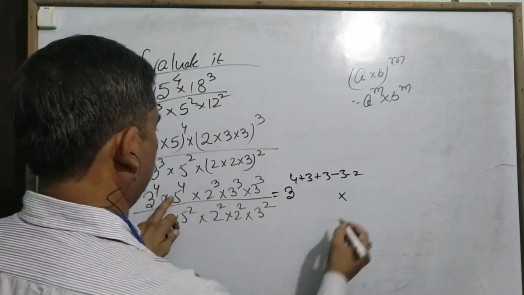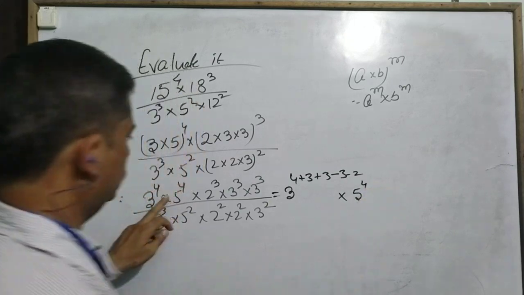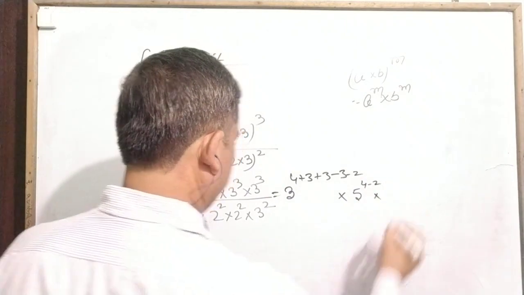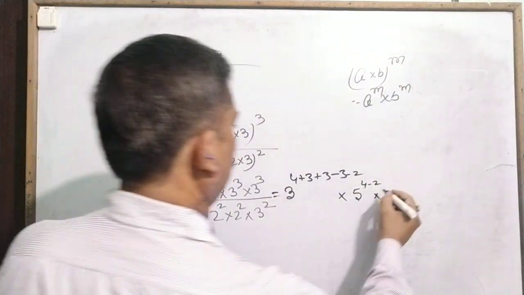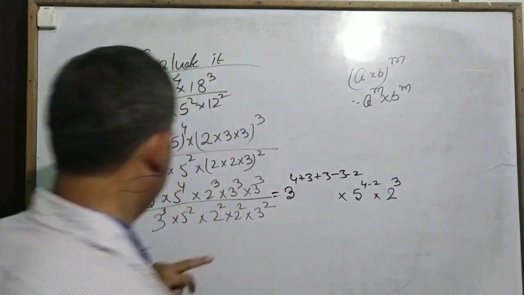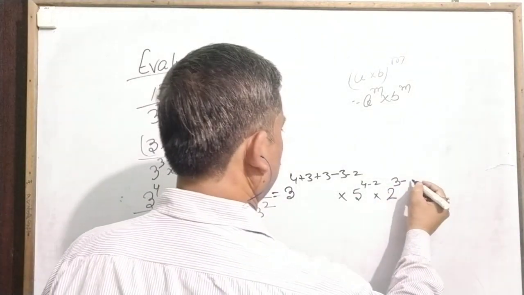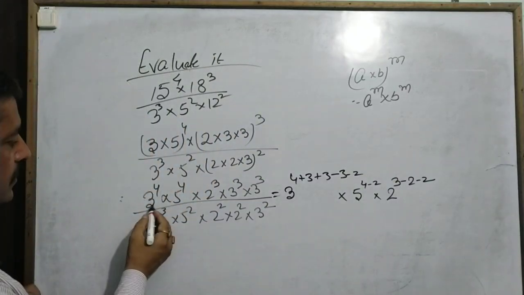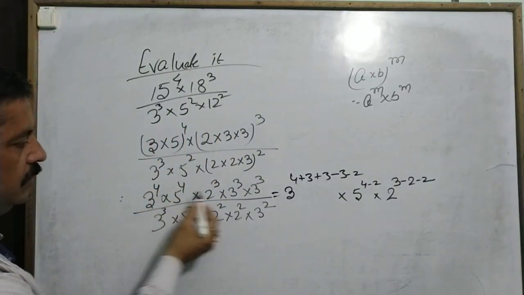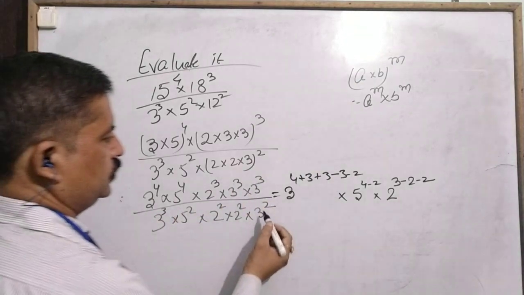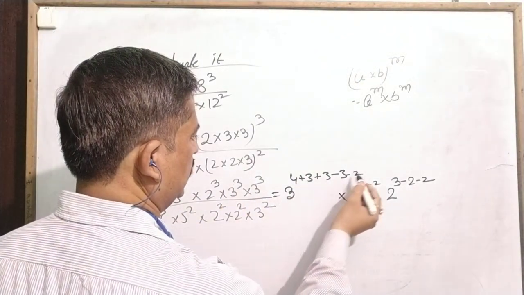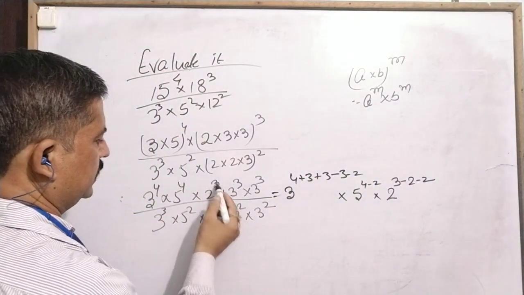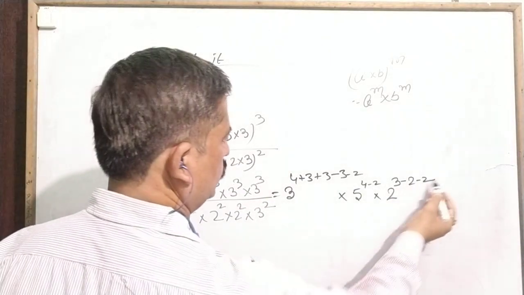2 in 5 to the power 4, and minus 2 in 2 to the power 3, whereas 2 minus 2. Solve with the check: 3 to the power 4, 3 3 3, 2 4, 3 3 3, 2, 5 to the power 4, and 2 to the power 3, 2 2.